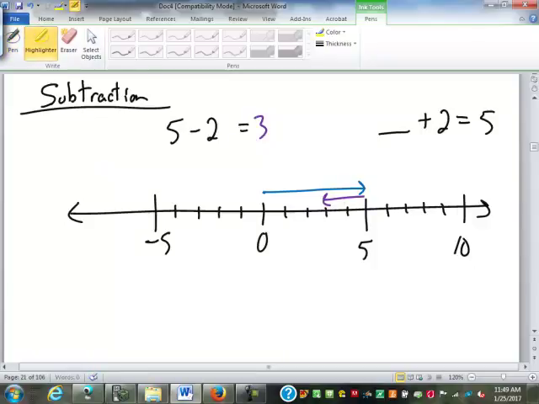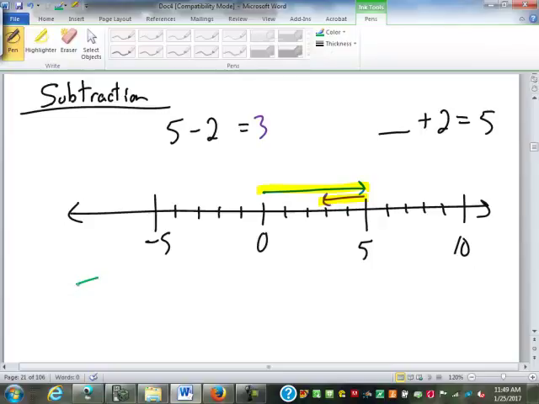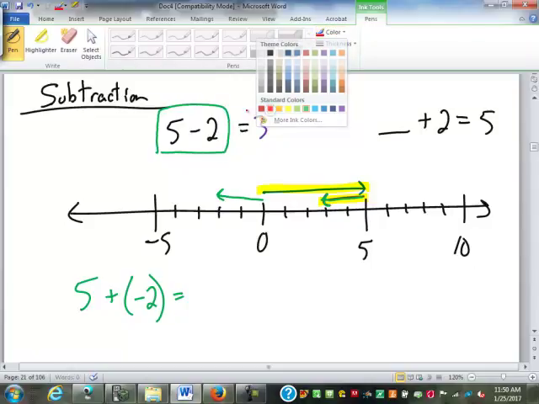But if we look at this picture here, that picture looks an awful lot like 5 plus a negative 2. This vector that we drew here is just the vector for negative 2. Well, in actuality, 5 minus 2 really is 5 plus a negative 2.